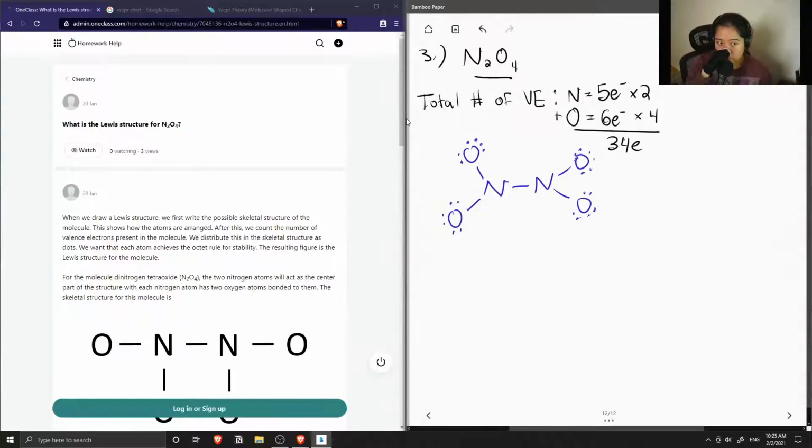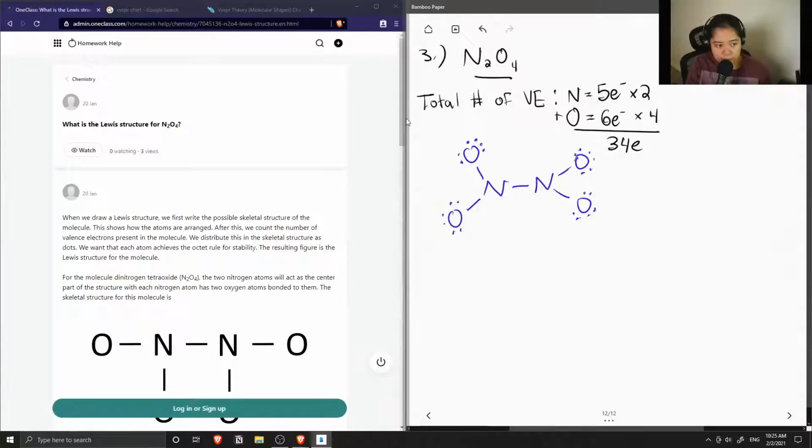Okay, so if we look at all of the electrons that we have so far, where each bond contains 2 bonding electrons, then we can see that we have our total of 34 valence electrons. But our nitrogens don't have a full octet yet.